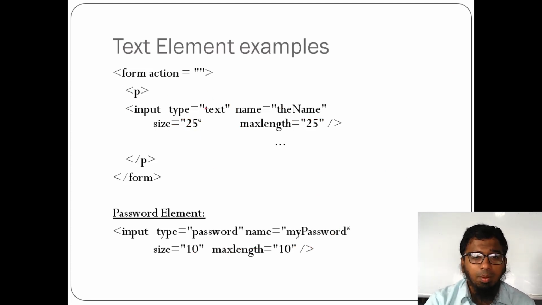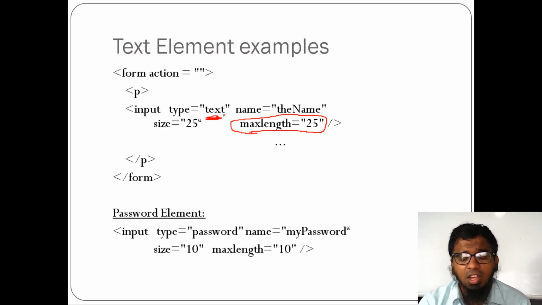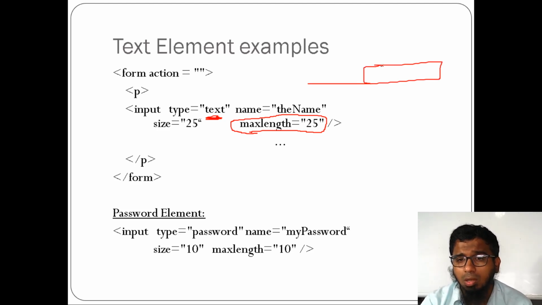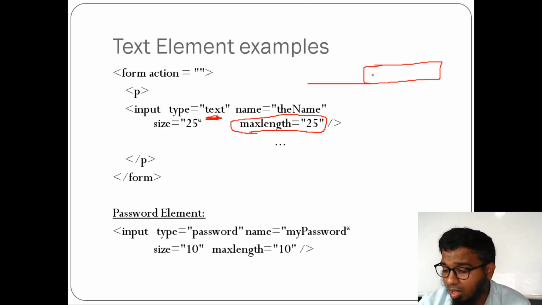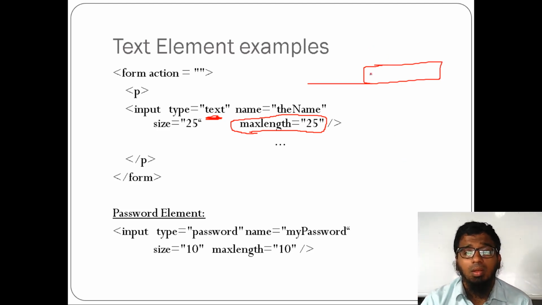Here, what is the maximum length? You can give the maximum length as well. If you want to give a normal text, whenever you write in the form, this is a text box. In the text box, if you are writing Pathan, it will display Pathan.